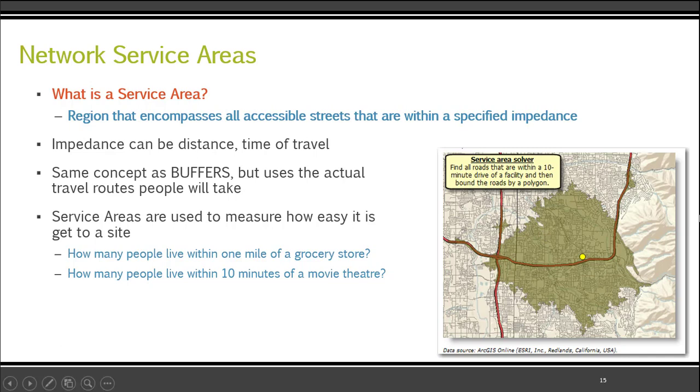It also helps to identify satellite areas that might not feel like they're part of your area, but they might be. So if this particular facility understands that people are willing to drive 10 minutes to get to them, they might think to do advertising in just this local little area, some flyers or maybe some billboards along this interstate.